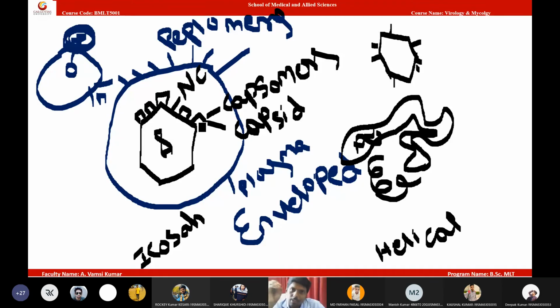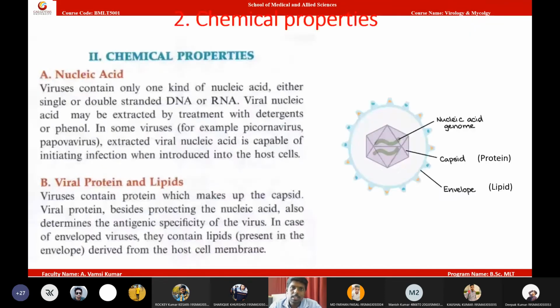Similarly, a few viruses have a very specific number of capsomers. So even by counting the number of capsomers, we can detect what type of virus it is. These capsomers act like a fingerprint for the virus, and they are made up of proteins.